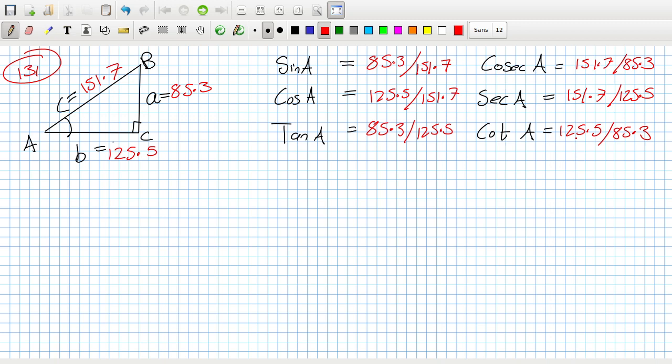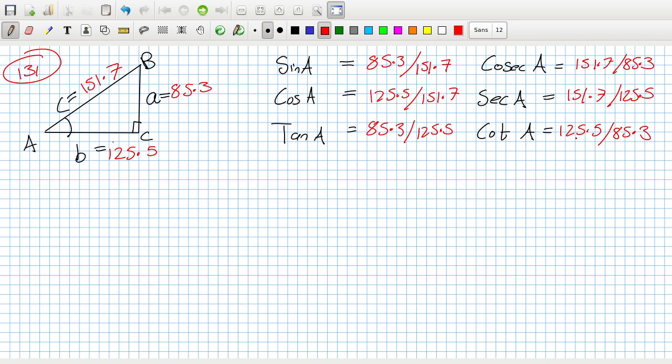What is peculiar here is that these answers are decimals, but to 4 decimal places. There's an inconsistency in the answers, because in question 129, it's kept as a fraction of decimals.